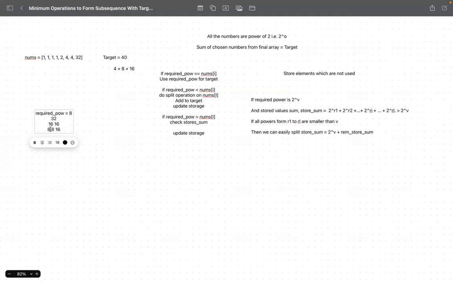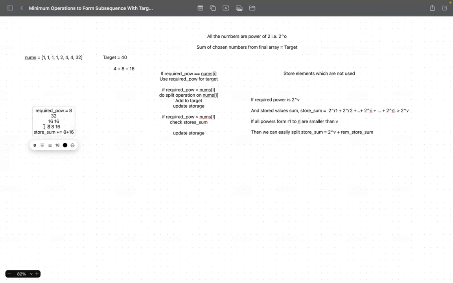So here one of these values will be used for the target, and 8 and 16 will be remaining. So the store will be updated with a store sum. I'm not storing every number, I'm just storing the sum of the numbers which are remaining. So here we will do 8 plus 16 which are not used.